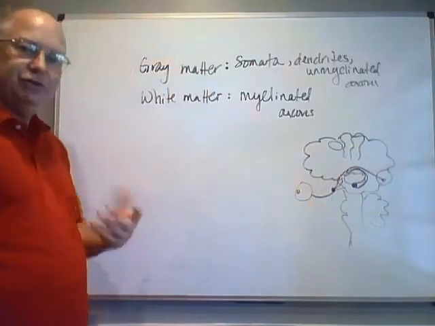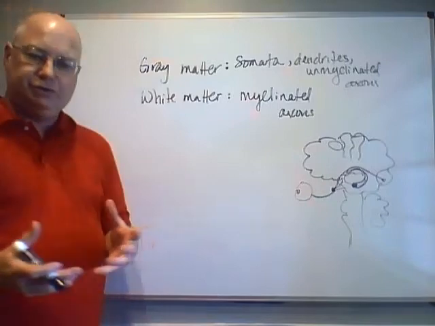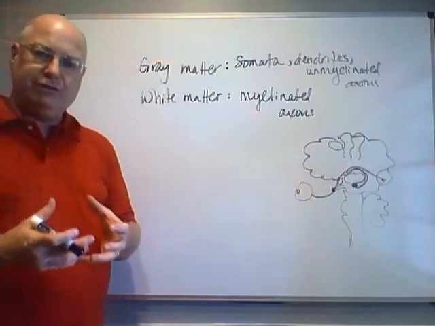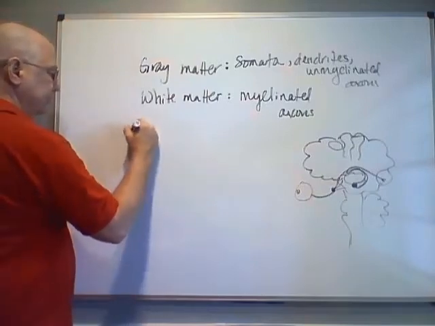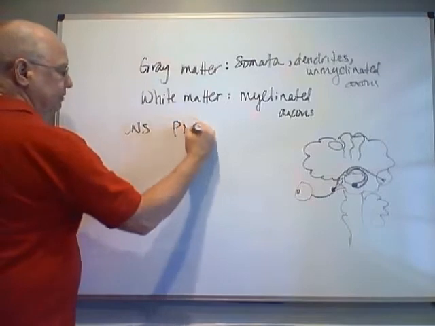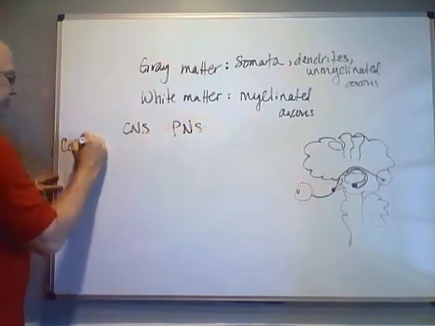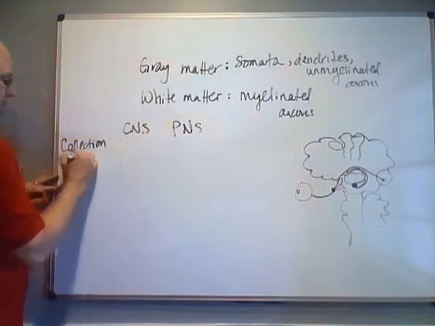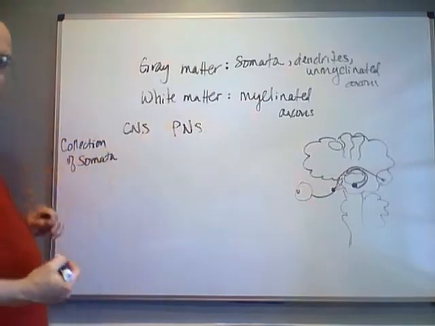Now, the reason I mention all that is because of this. Let's say I have a group of neurons that all process the same information. And I'm going to look at that in the CNS and in the PNS, the peripheral nervous system. Okay? If I have a collection of somata, neuron cell bodies, right?